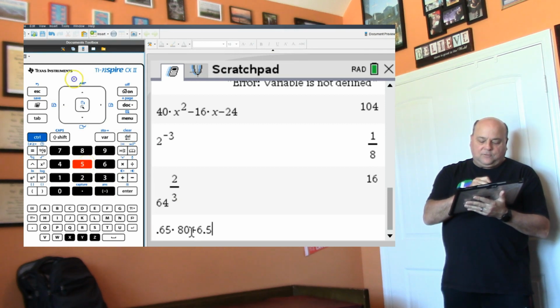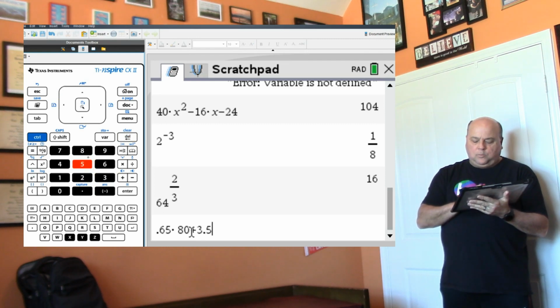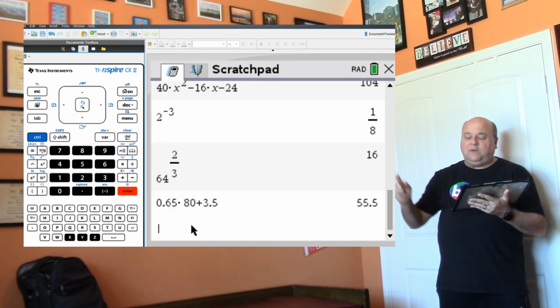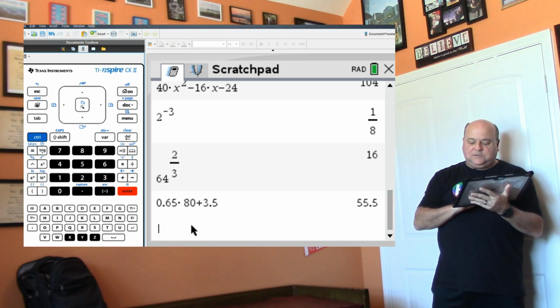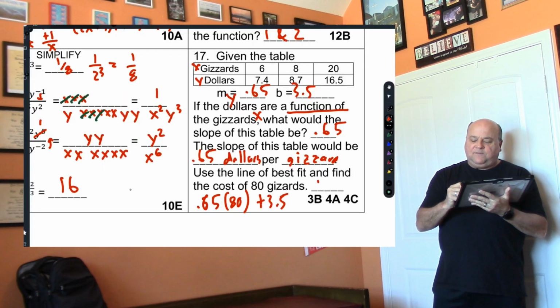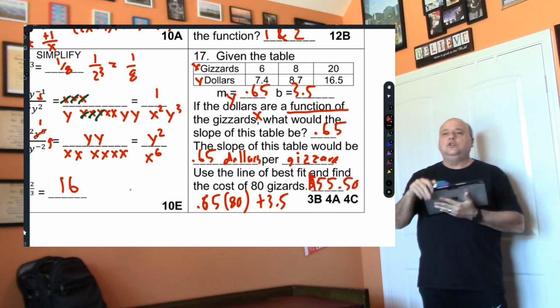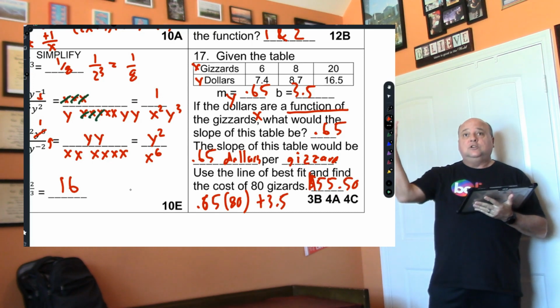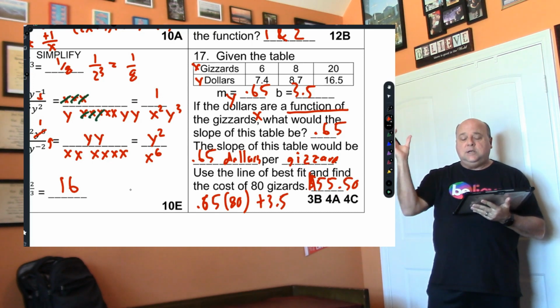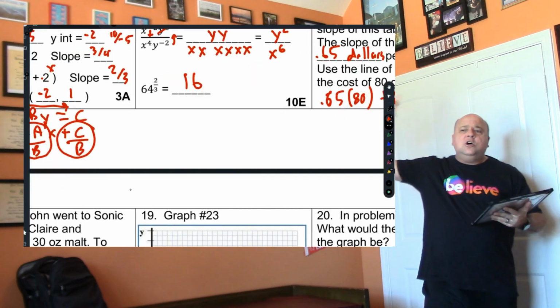Not 6.5, 3.5. So 0.65 times 80 plus 3.5, $55.50 for 80 gizzards. Make sure y'all can do this. Make sure you are estimating with this table when you do this. So make sure you can write down the equation and estimate that table.